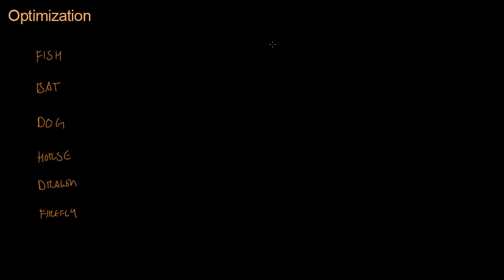Okay, let me draw our array here. This is going to be our array, and we're going to make a function called a hash function. I'm going to call this function h.